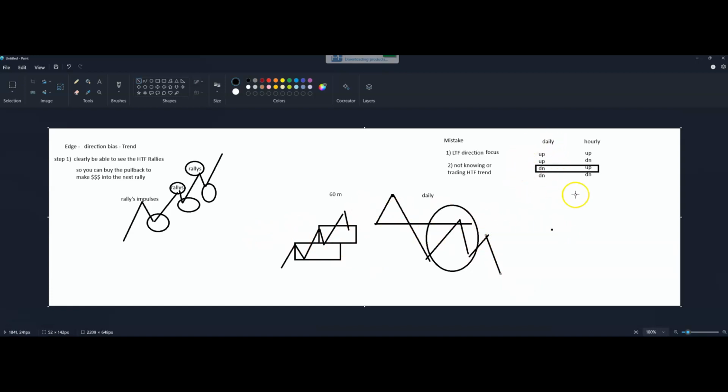So that trend alignment will fit in one of these four scenarios. Is the daily up? Yes. Is the hourly up? Then it would look like this. Let's say all of this would equal that.